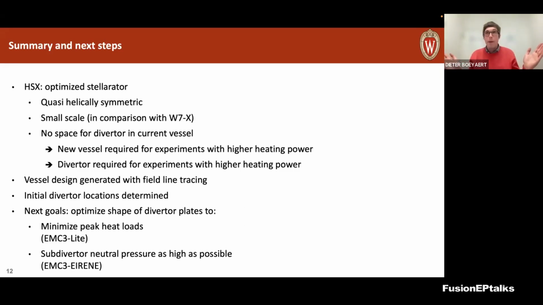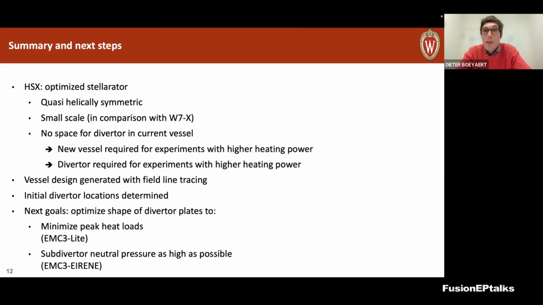Then you can see, for instance, this dome structure as they had at LHD, still extra baffles that we can build in, and check what is the effect of that. There, the main question will be how much space do we have to put all these extra components? Because when you look at LHD, they have really long legs which go really far away. That space we will not have in HSX. So there we will also be limited.